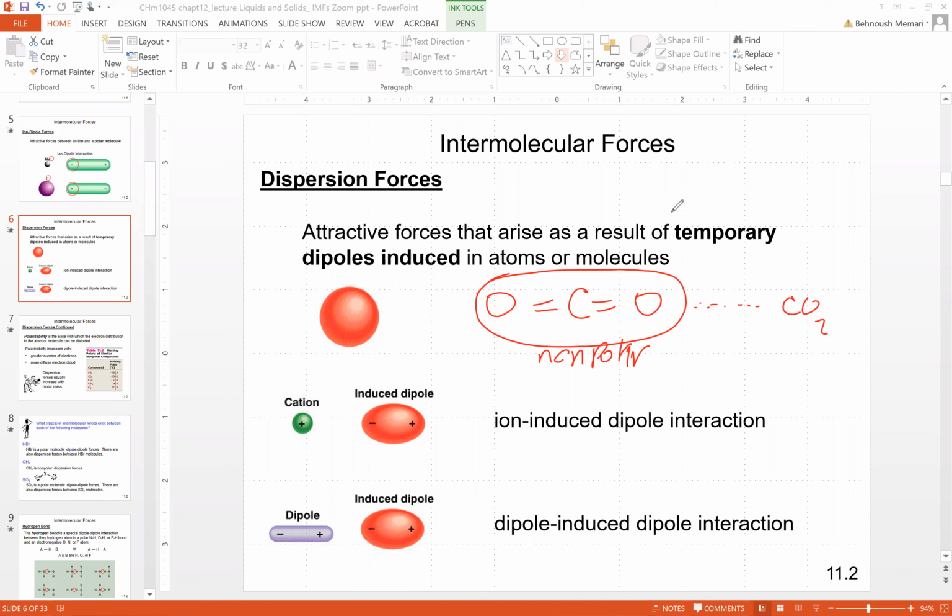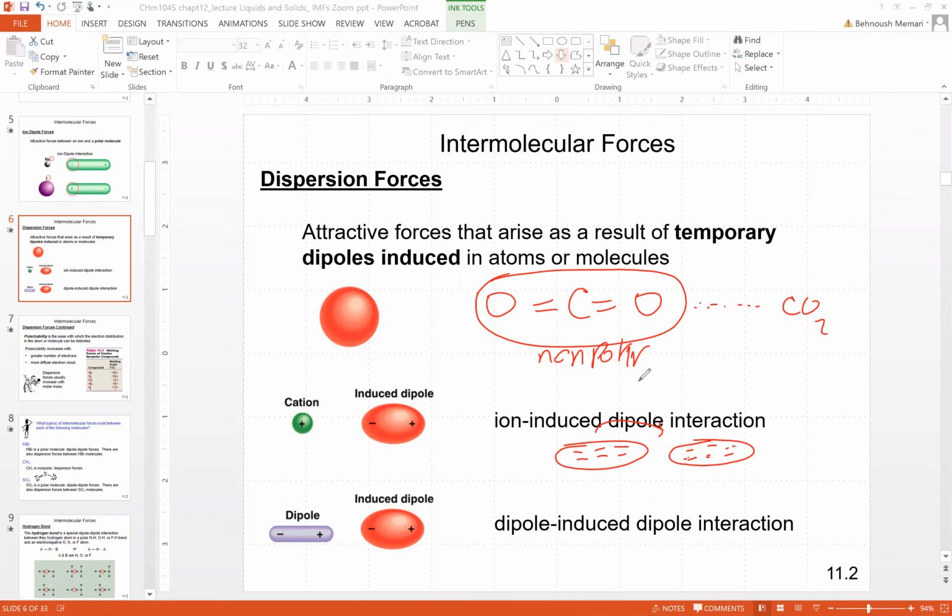So let's say you have a molecule that is non-polar and you have an electron distribution like this, and then that's non-polar, okay? Electron distribution is even. Now, if you hit this molecule with an object or another molecule, the first thing that is going to touch is the electrons. So these electrons are going to push the other electrons away.